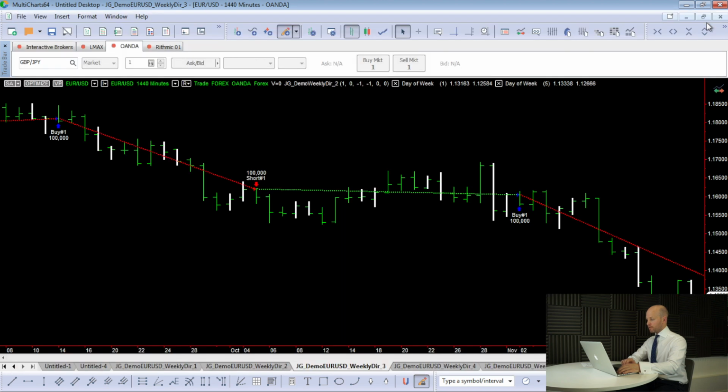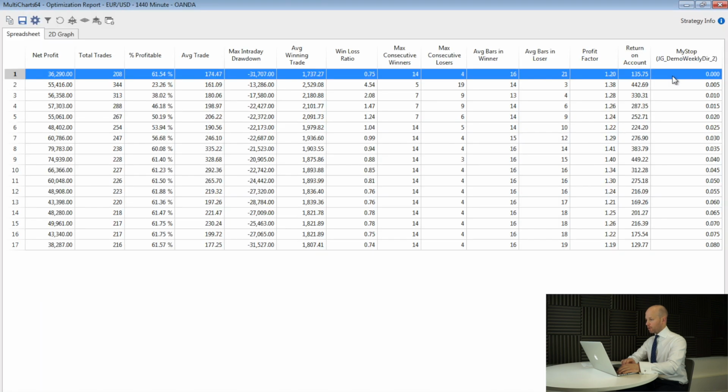At the moment, we don't have a stop loss, so that's what I want to try now. And I've optimized the stop loss from 0 pips, that's no stop at all, through to 800 pips, so I've gone quite wide, and I've gone in steps of 50 pips. So looking down the net profit without a stop loss, like we just saw, we're making 36,000.